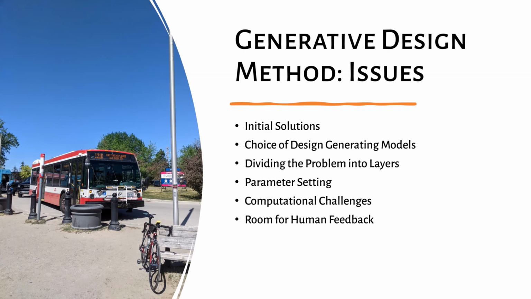Dividing a problem into layers. This is a problem that is best divided and conquered. Transit network design and frequency setting are two separate problems that are very much interconnected. So it is possible to divide it into different layers and tackle it with different generation solutions. For example, there are some algorithms that use a genetic algorithm for network design, and then use tabu search for frequency optimization.